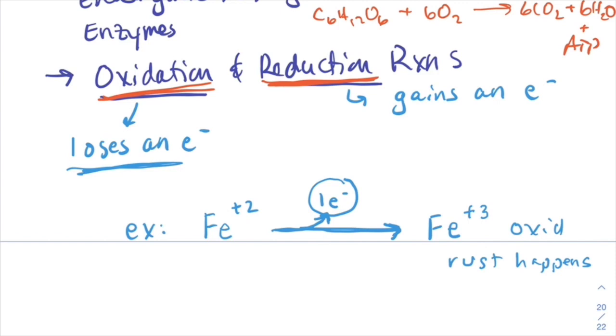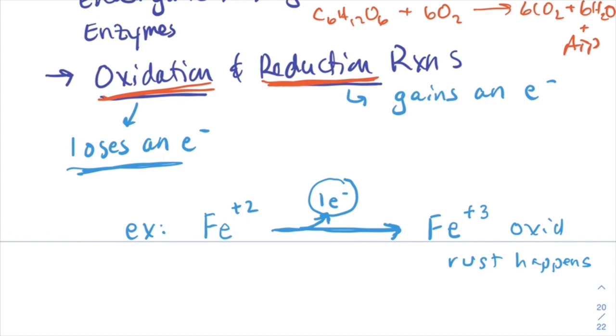All right. So there's something funky here, though. Like, what the heck is all this electron stuff? Like, who cares? This is a biology class. I don't care. This looks like chemistry, all this stuff about electrons. And it's true. Oxidation and reduction reactions were first described by scientists who were basically chemists.